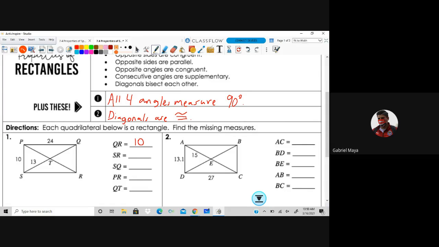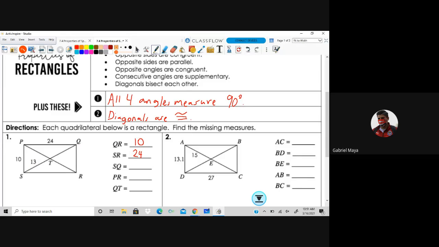Remember, prior knowledge. You guys are not allowed to forget what you've learned prior to this. Then SR. We see that SR is opposite of PQ, and if PQ is 24, SR is therefore also 24. Okay. SQ. Where's SQ? Right here.